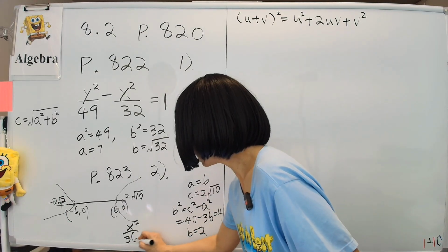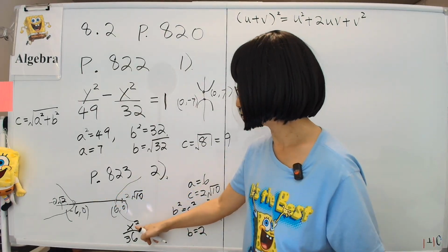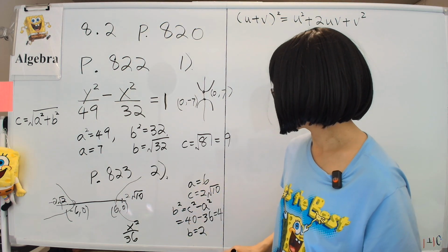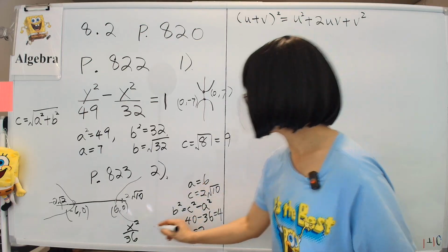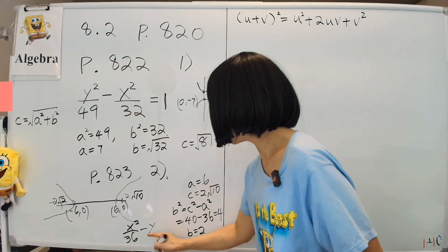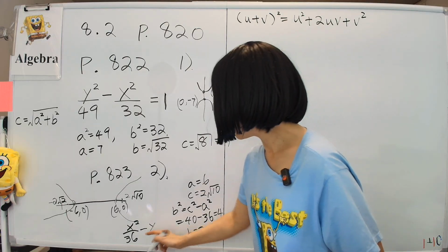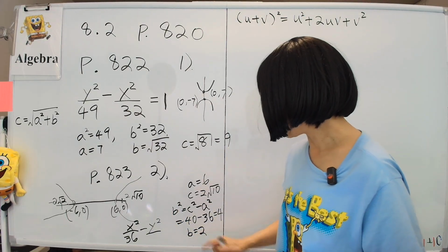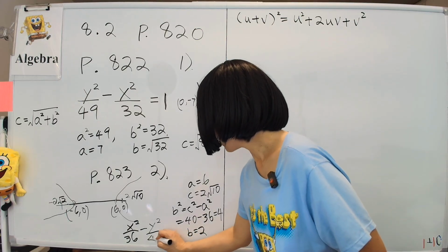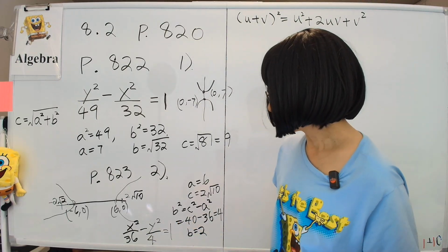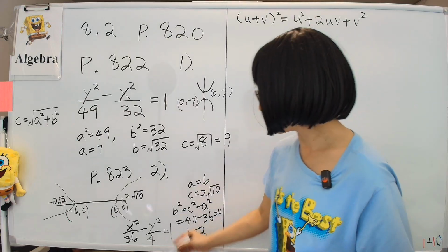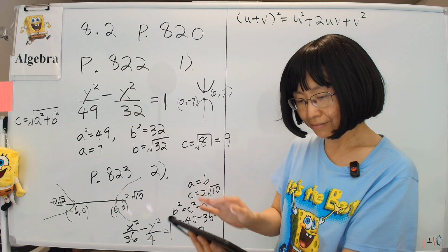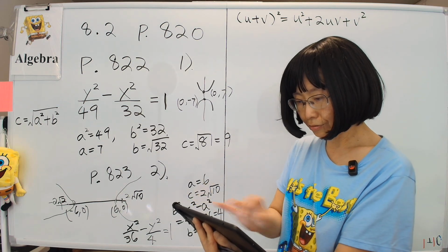Being that this is a left and right hyperbola, x goes in front, over the bigger number, 6 times 6, 36, minus, remember the minus. We're not doing ellipses anymore, and hyperbolas have to have a minus. And y squared over b squared, which is 4, equals 1. That is our equation, because our hyperbola is centered at the origin, so we don't have to think about anything else.